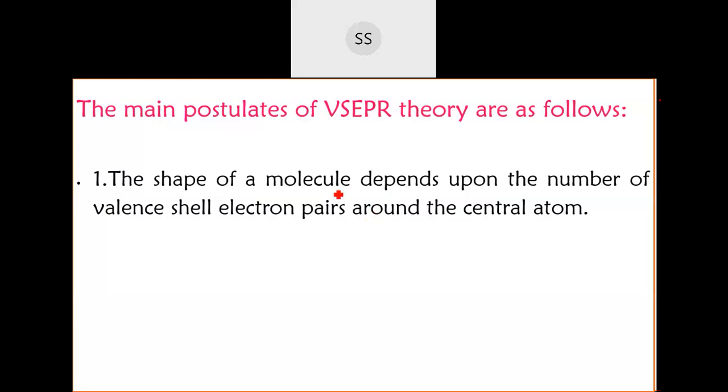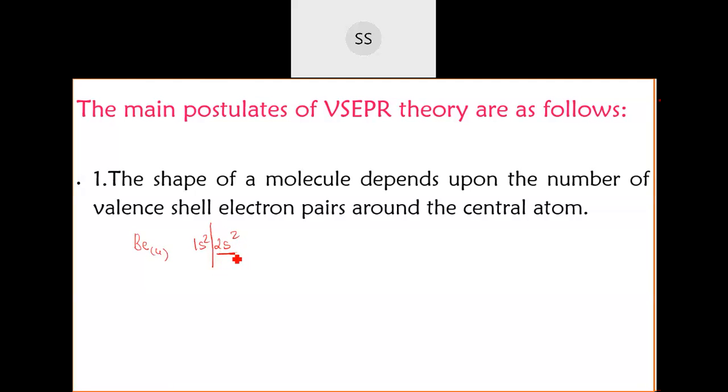The first postulate says that the shape of the molecule depends on the number of valence shell electron pairs around the central atom. For example, beryllium has atomic number 4, and when you write the electronic configuration, you get to know that the outermost shell has only 2 electrons.